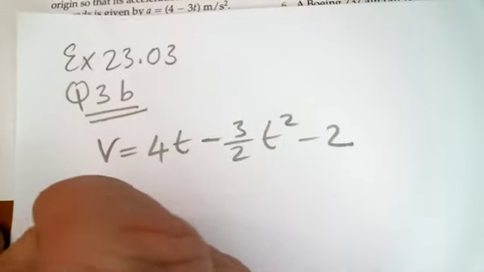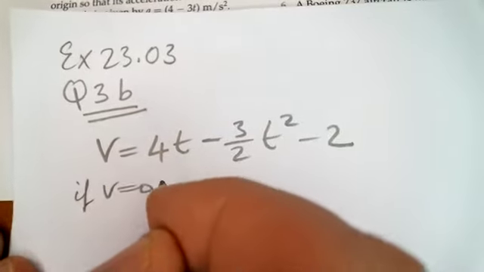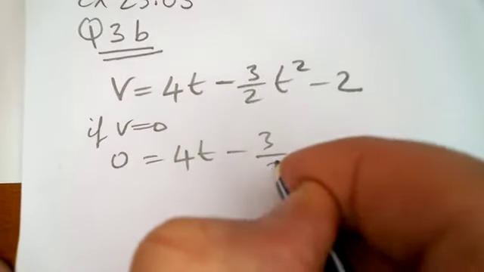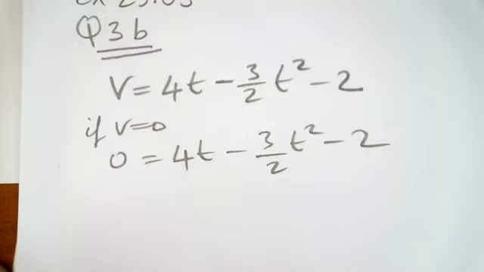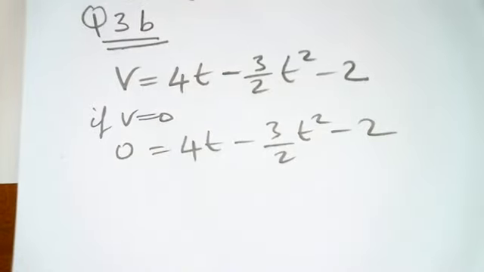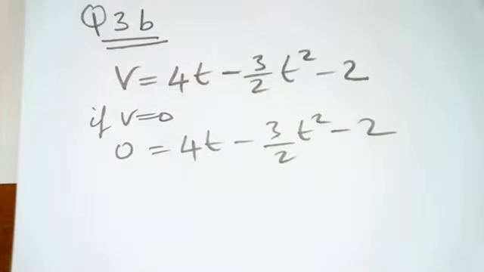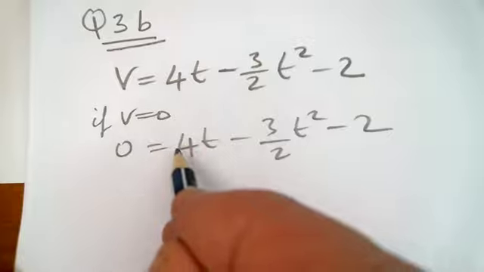So if v equals 0, I'll put 0 is equal to (4t minus 3) over (2t squared minus 2). The first thing I'm going to do is get rid of the fraction. This is going to be an awkward thing to try and factorize, because I want to factorize this really. So let's multiply everything by 2.